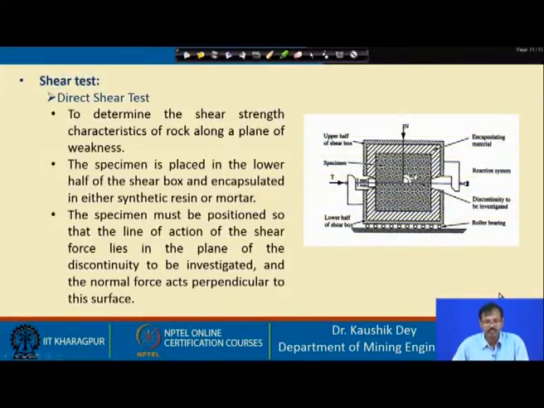So, this is the direct shear test. In general, tensile failure very rarely occurs in rock. Most of the time we provide compressive load onto the rock and it fails under compression, but sometimes rock fails under tension also, as when we discuss the tensile spalling zone of blasting.